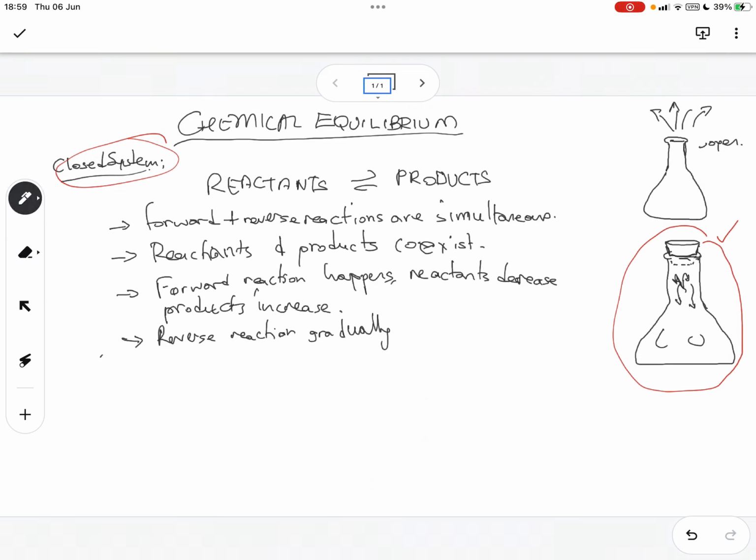So as the forward reaction happens and the reactants decrease, the products increase, which means the reverse reaction gradually takes place.